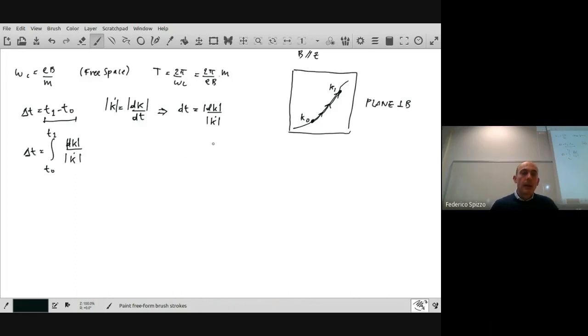As the trajectory is the trajectory that is described by the wave vector when you have just the magnetic field applied to the system, h bar k prime is equal to minus e times the velocity vector product B, and the velocity is the gradient of the energy. So we have h bar gradient vector product B. It is possible to rewrite this equation as minus e divided by h bar.